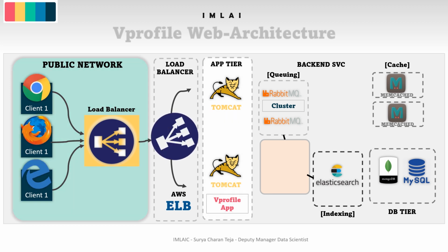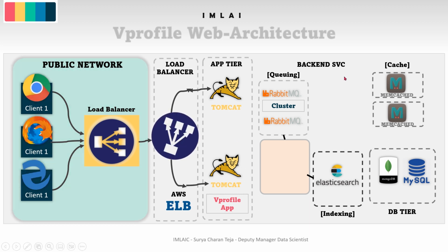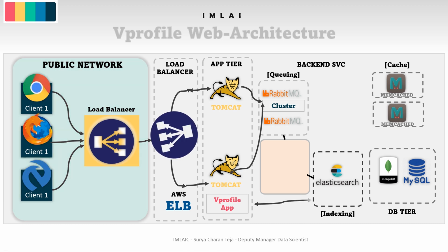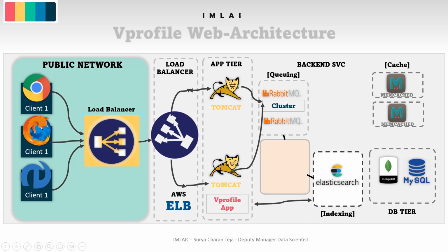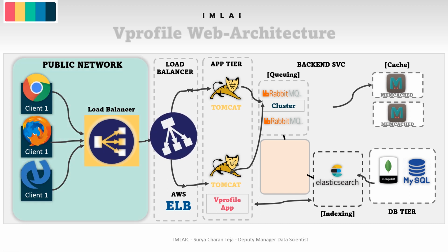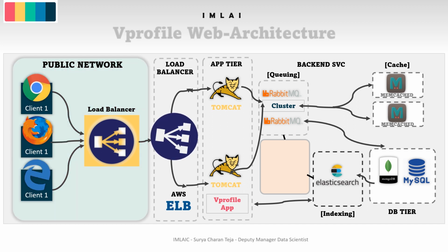Once that is done, we are able to access it. Then all the remaining services are internally connected. The backend services such as queuing will be with RabbitMQ, indexing with Elasticsearch, and we have databases MySQL and MongoDB, and we have database caching, memcached. This is our architecture. Now let's get into the action.